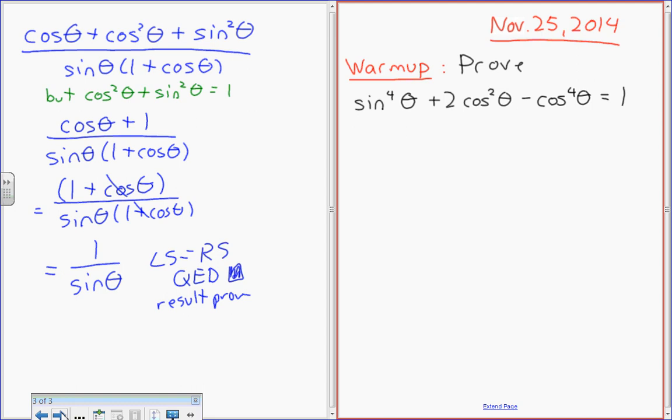This says sine 4 theta plus 2 cos squared theta minus cos 4 theta equals 1. This is hideous, in fact. I'm going to give you the first step. This is a difficult level. The first step is I'm going to write it like this.